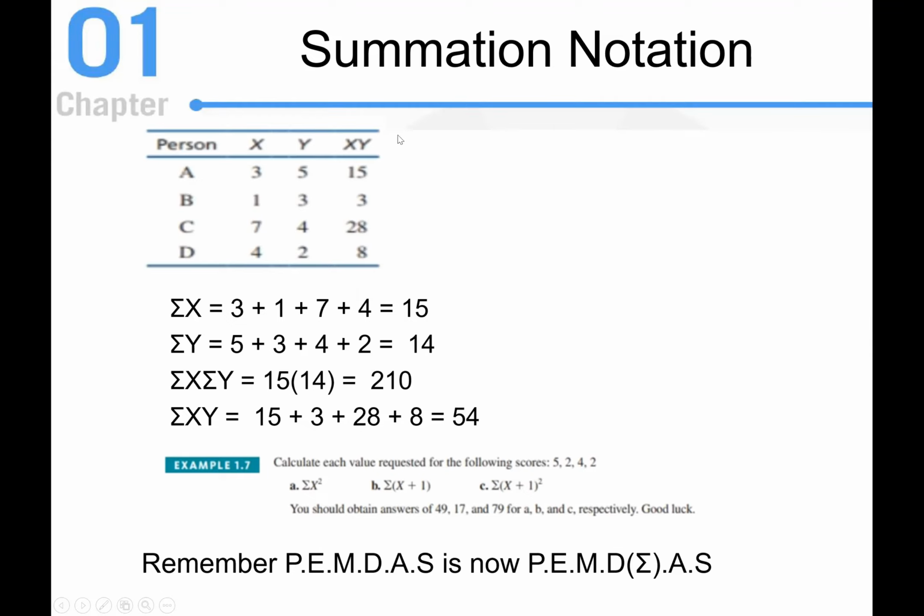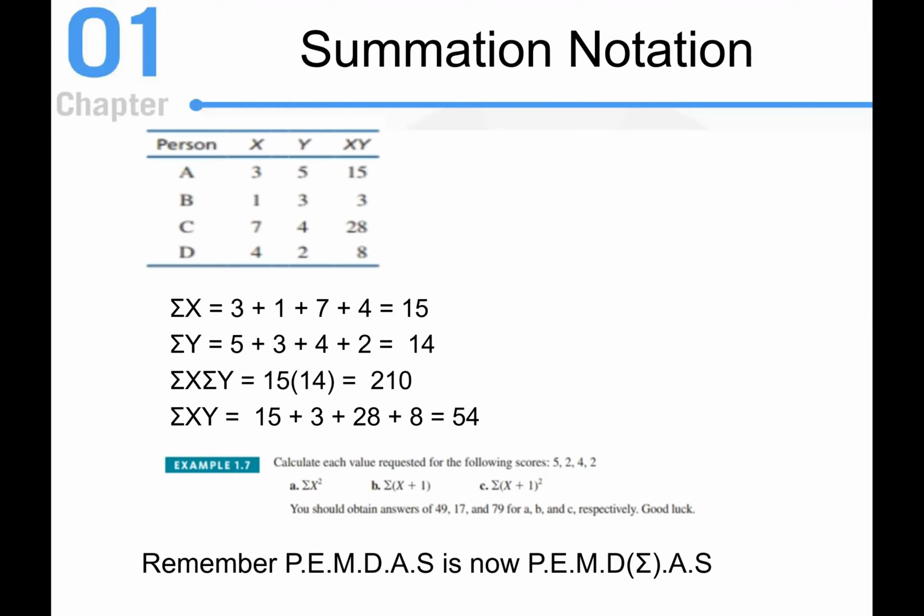This one is saying, if we're following PEMDAS, let's take the sum of the X scores and multiply by the sum of the Y scores. How do I know that this is what it's asking us? Are there any parentheses? No, so there's no P. Are there any exponents?